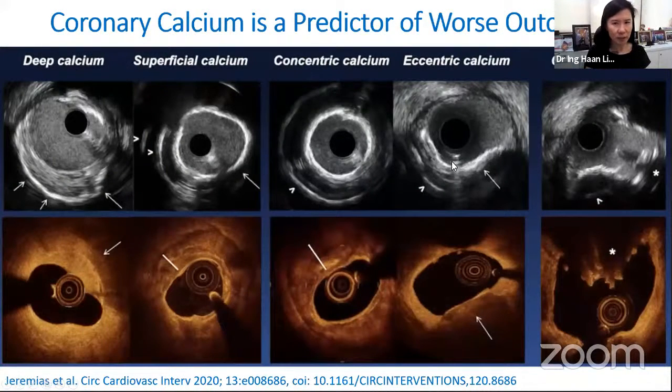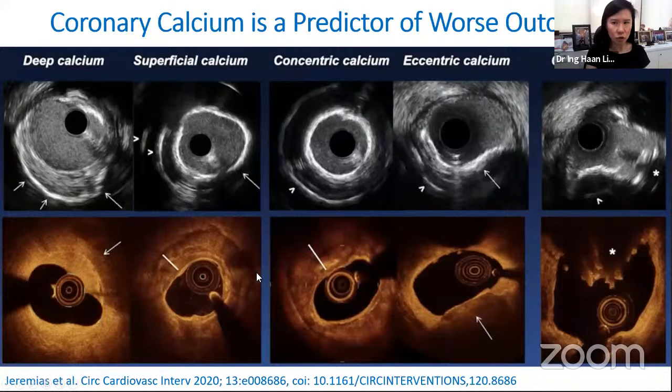Coronary calcium is a predictor of worse outcomes, and this is a comparison of the appearance of intravascular ultrasound compared to OCT, looking at deep calcium, which you can see very clearly on OCT, superficial calcium seen as a hyperechoic region with shadow behind it, concentric calcium in IVUS and OCT, eccentric calcium, and calcified nodules.